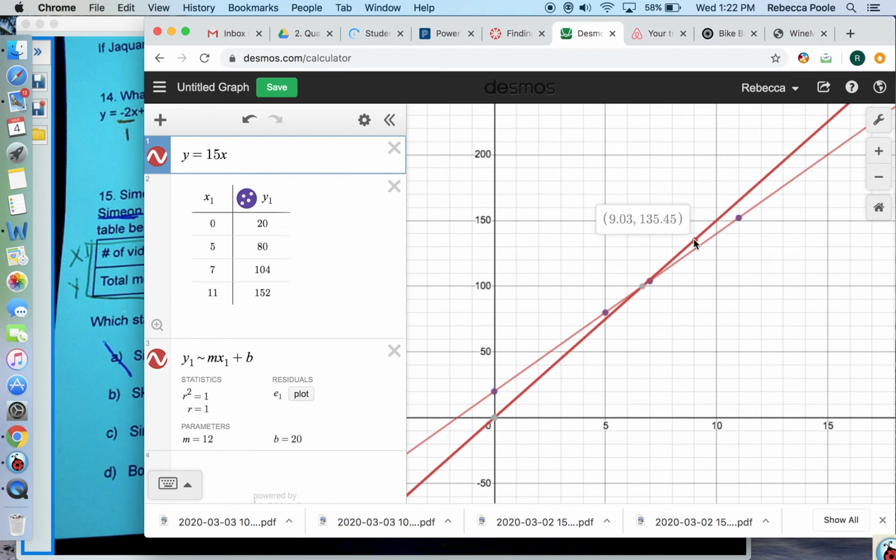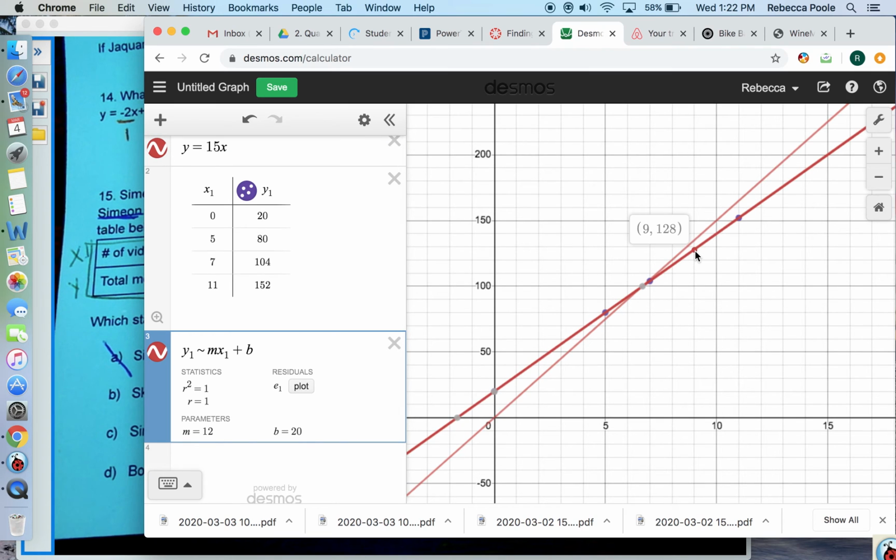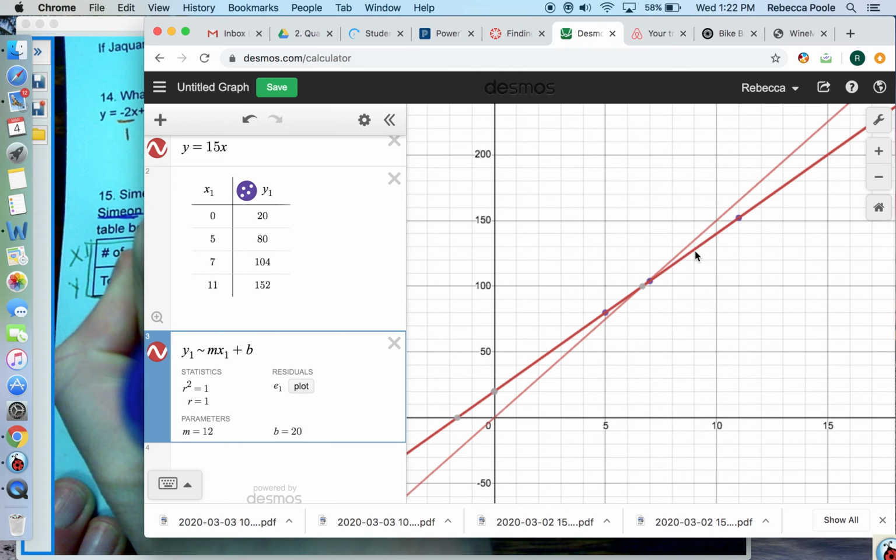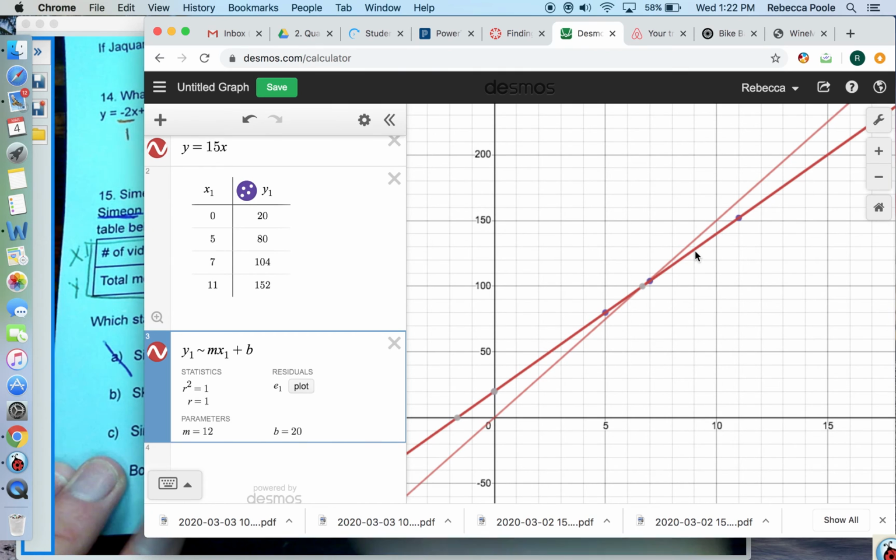Simeon pays, I'm trying to get it right, Simeon pays $135 when they buy 9 games. And Skylar pays $128. So Simeon, $135, and Skylar pays $128.